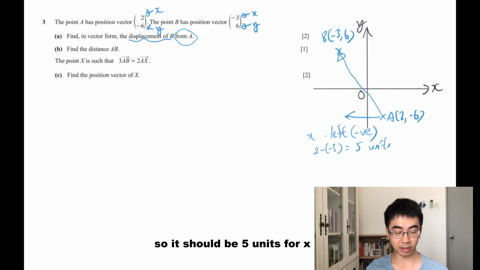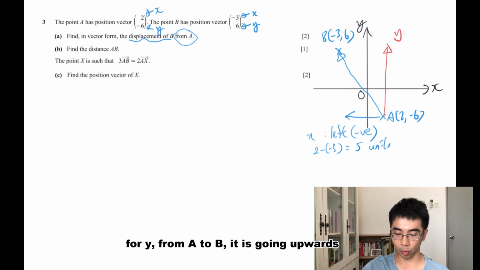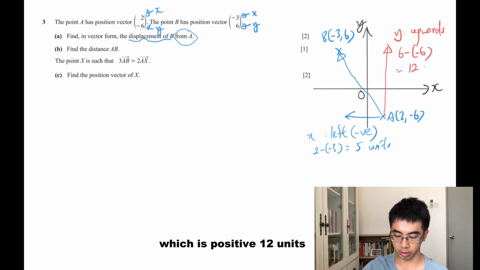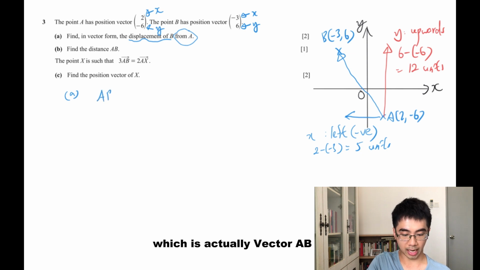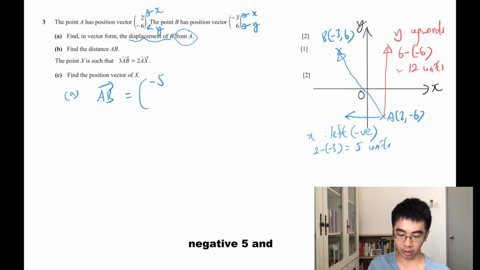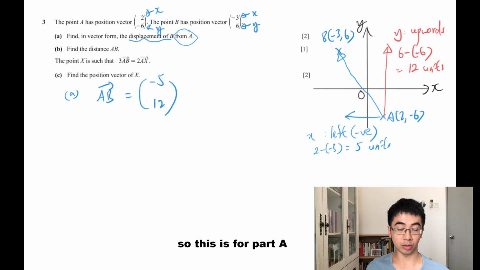How about for y? Y is going upward from A to B, so the distance is 6 minus negative 6, which is 12 units. So for part A, the displacement of B from A, which is actually just the vector AB, should be: for x, negative 5 because it's moving leftward, and for y, positive 12 because it's moving upward. So this is for part A.